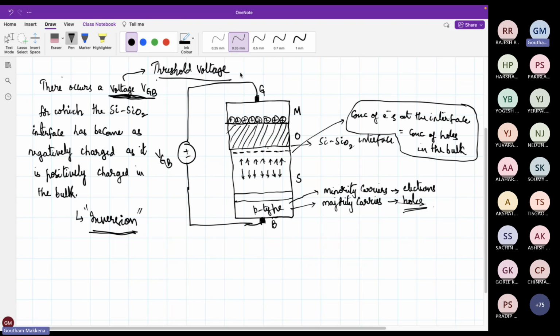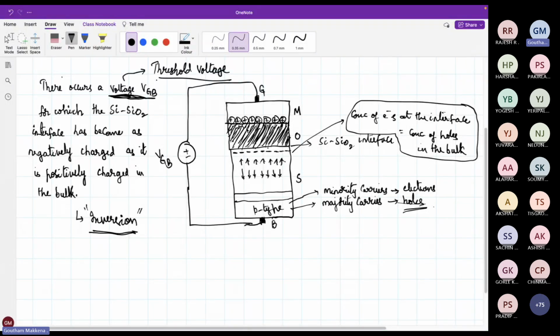Right. So this is the MOS capacitor. Is there any current flow here? The oxide layer is nothing but an insulating layer, isn't it? Silicon dioxide is nothing but quartz or glass, right? So it is a very good insulator, and it doesn't allow current to flow through it.